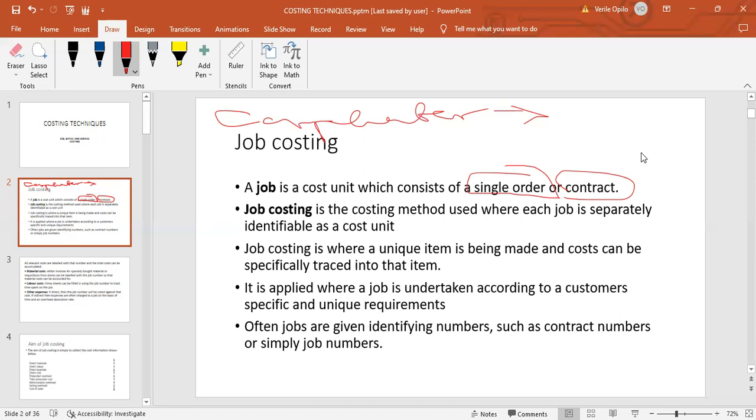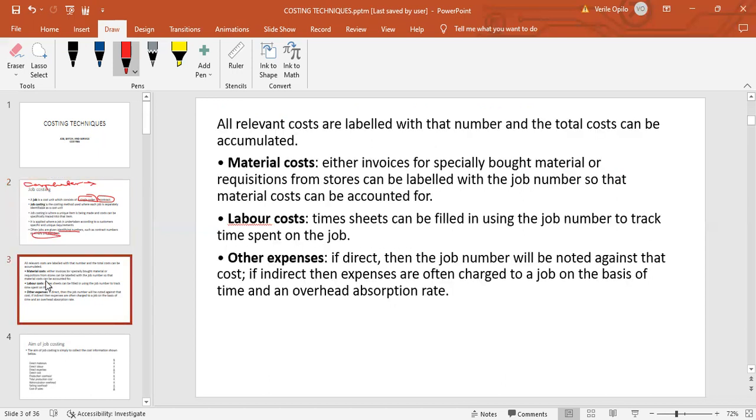So you're going to find that these jobs are always given identifying numbers, or what sometimes we call job numbers or contract numbers. So what do we look for when we are now undertaking job costing?